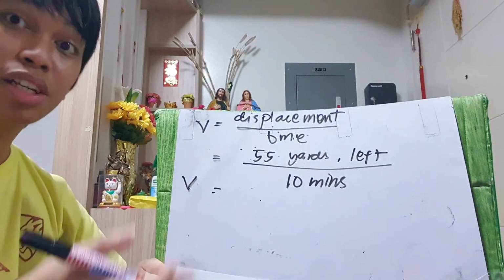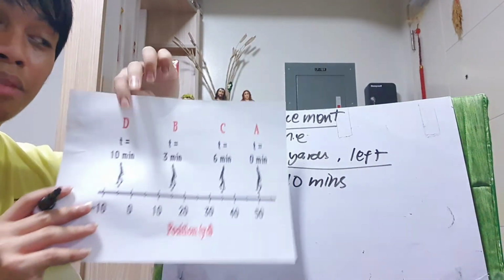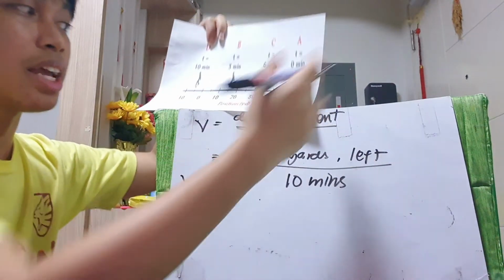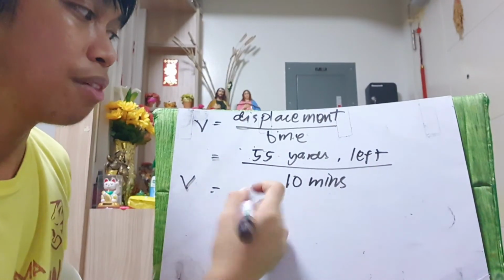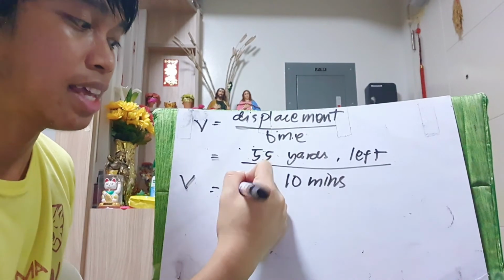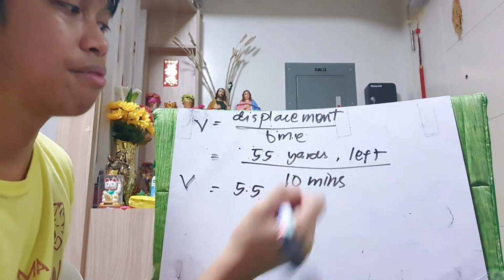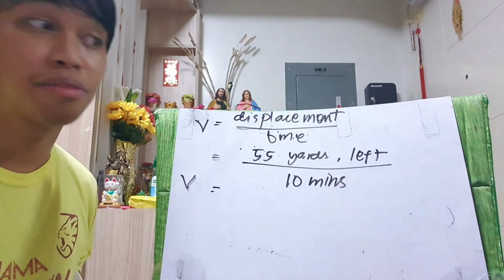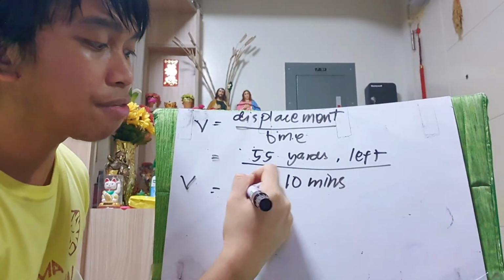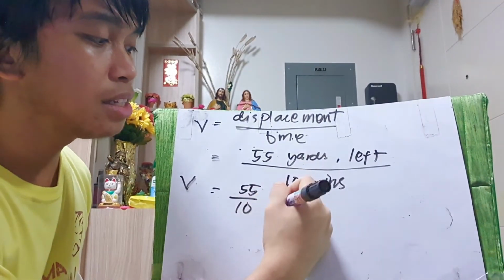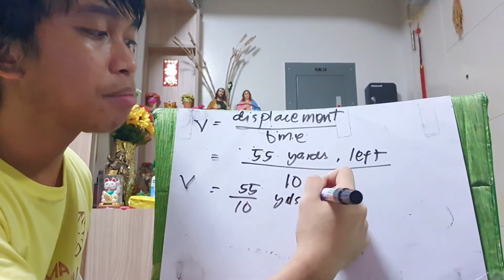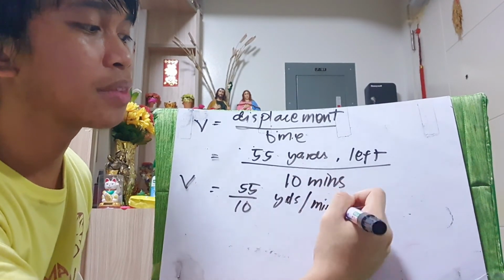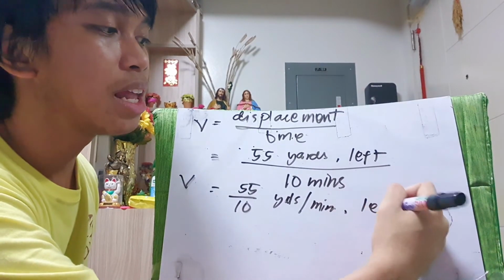Therefore, the average velocity of this man moving into these places is 55 divided by 10, that is 5.5. Or let us use an improper fraction first. We have 55 over 10 yards per minute going to the left.